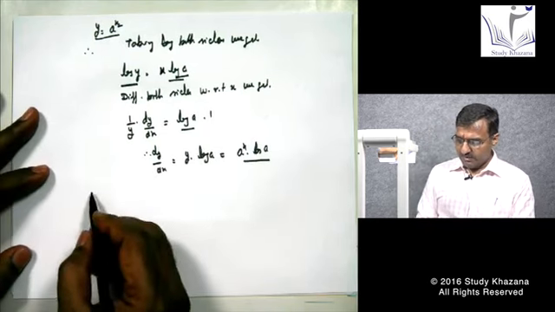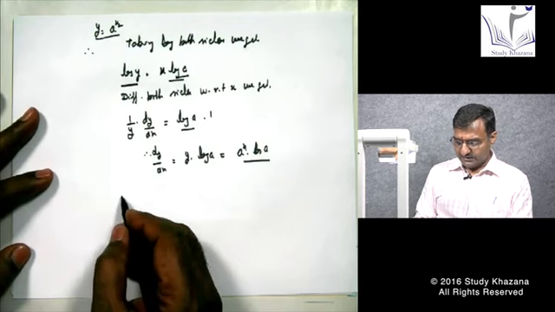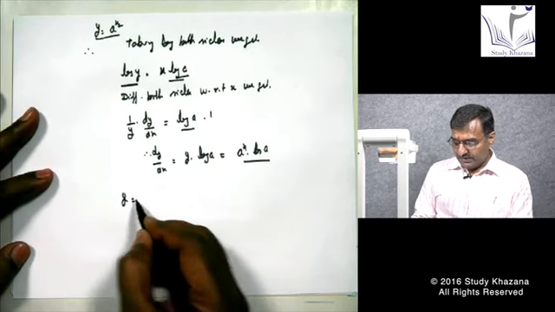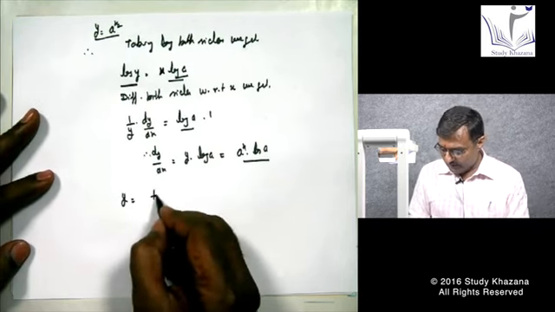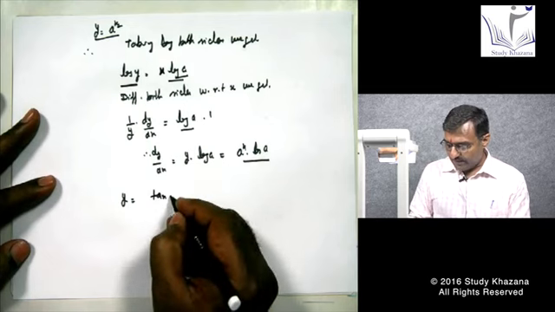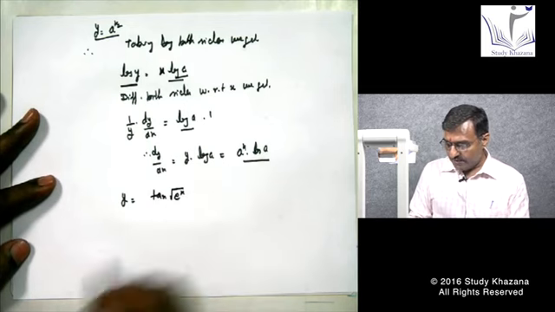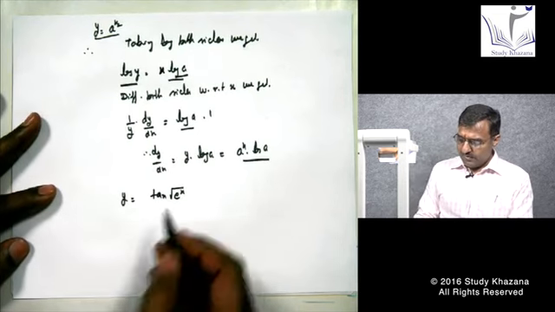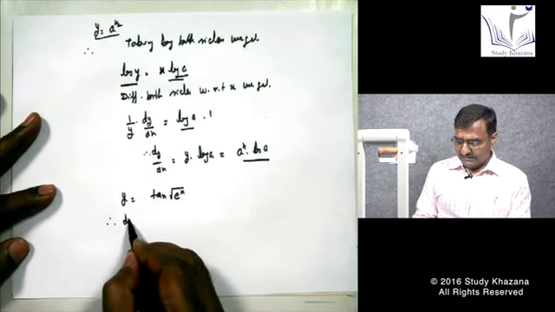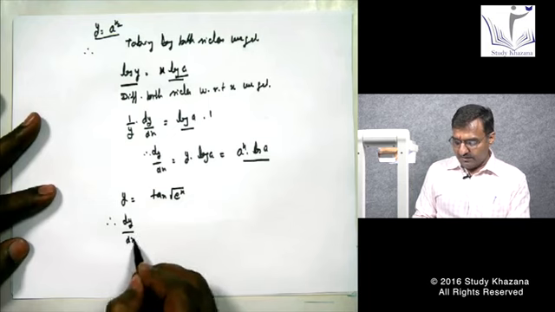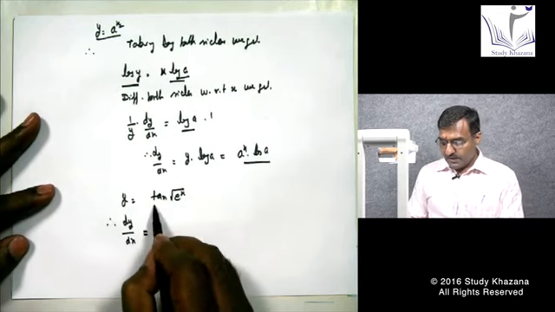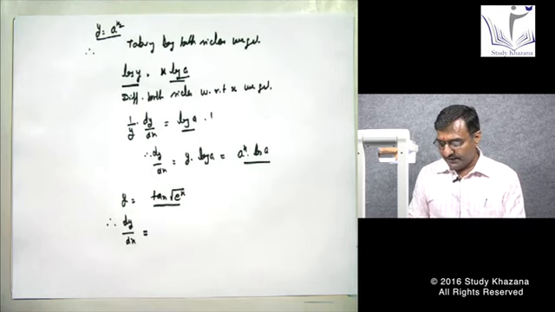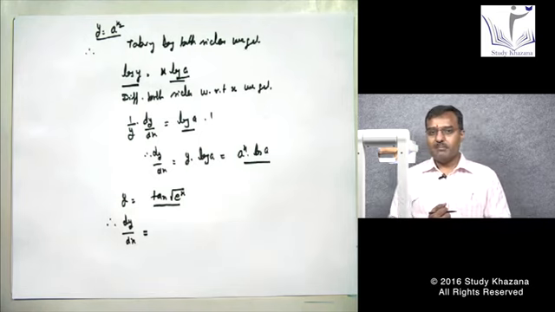Similarly, I can take one more example of exponential functions. Say there is y equal to 10 root e^x. So how can I find the derivative? Here I have to differentiate with respect to x. It is like a composite function.